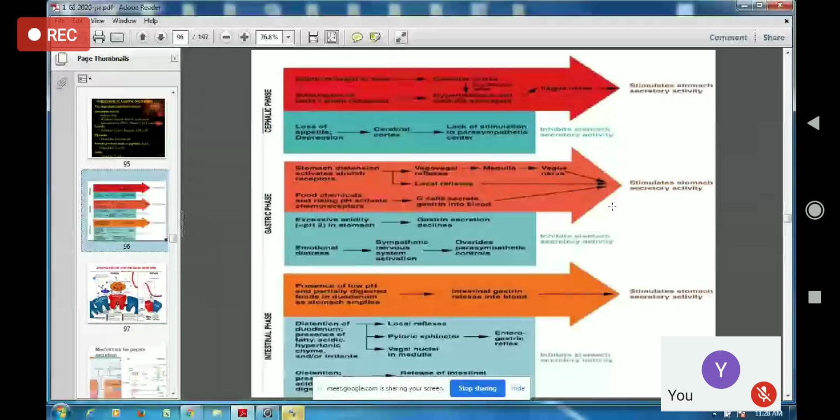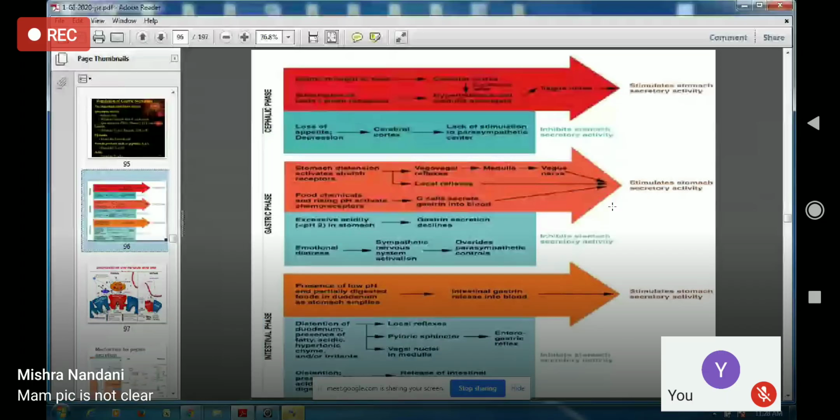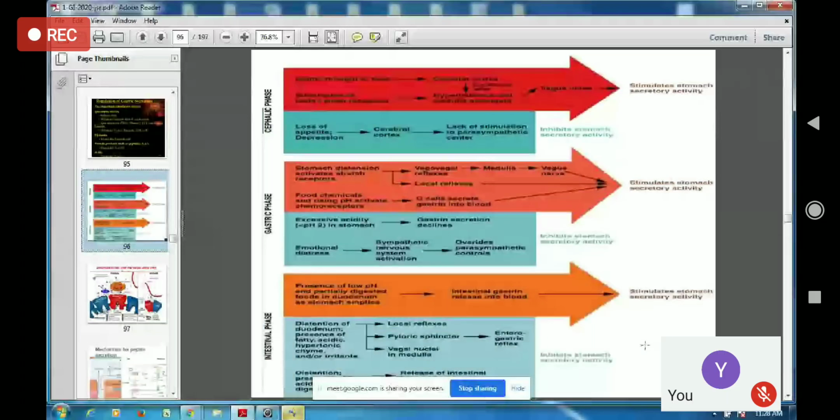And then there is the intestinal phase. What happens is the food has reached the intestine, small intestine, duodenum, okay, but still some amount of HCl is being produced. That is known as intestinal phase.